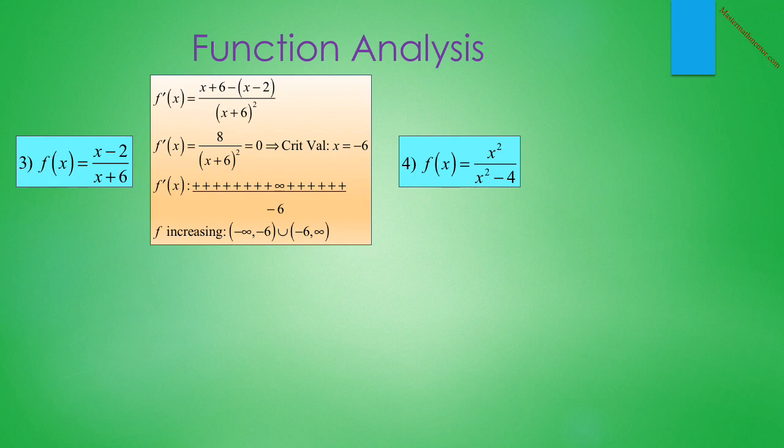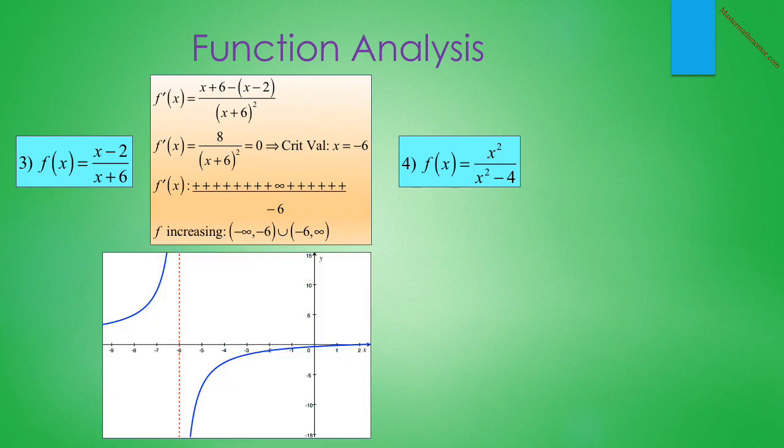So we conclude that the function is increasing from -infinity to -6, union -6 to infinity. Note that it would be wrong to say -infinity to infinity because at x equals -6, the function does not exist. Our graph confirms our answer.